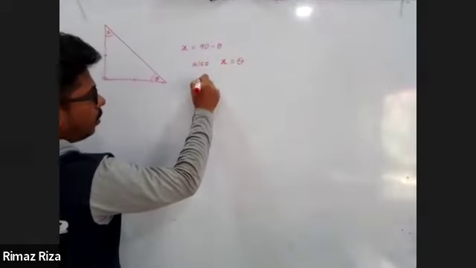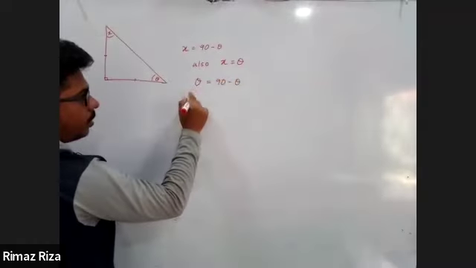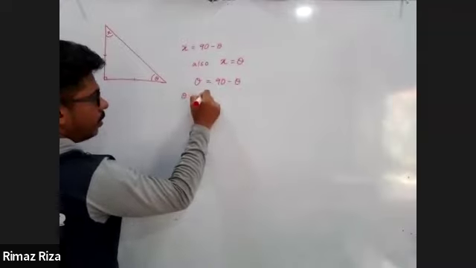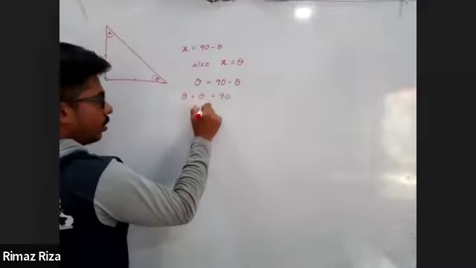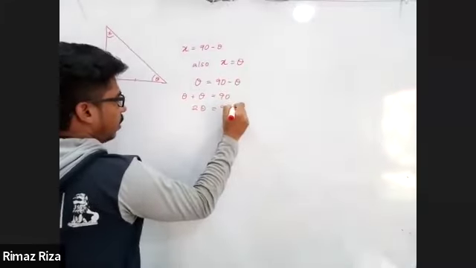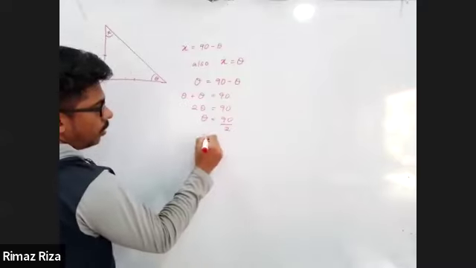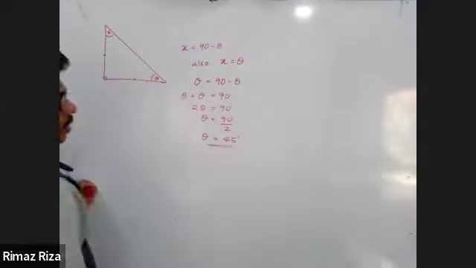So I put here theta equals 90 minus theta. Minus theta takes the other side, so you have plus theta. Theta plus theta equals 90. Theta plus theta is 2 theta equals 90. Therefore, theta equals 90 divided by 2. Theta equals 45 degrees. Right?